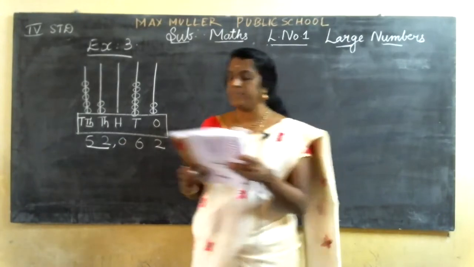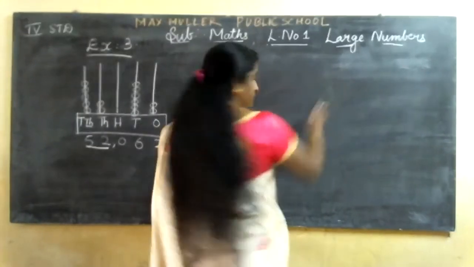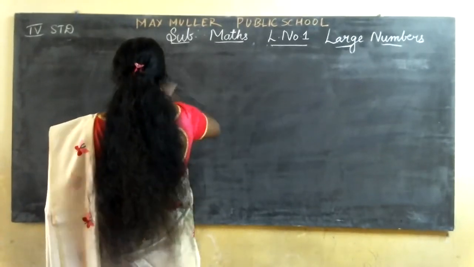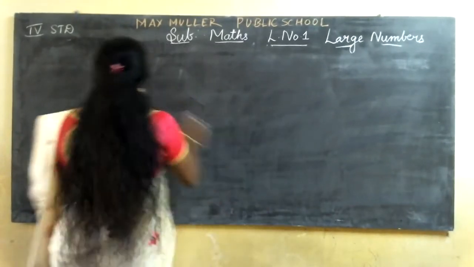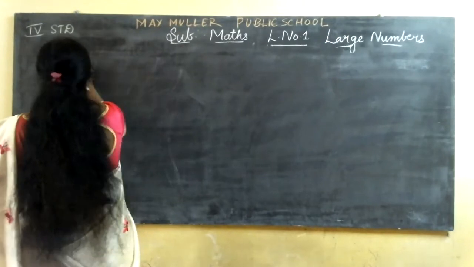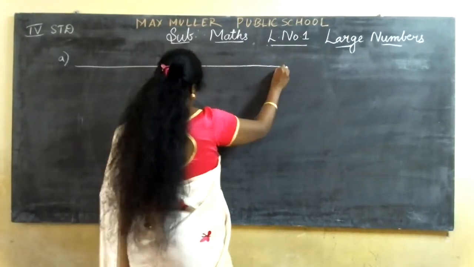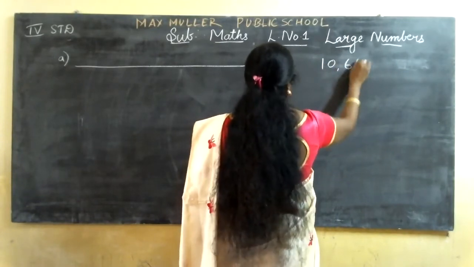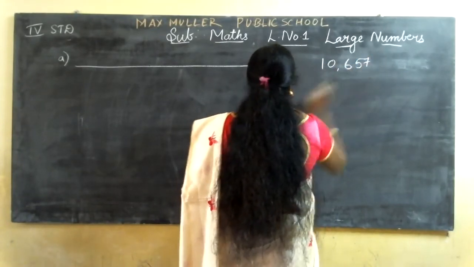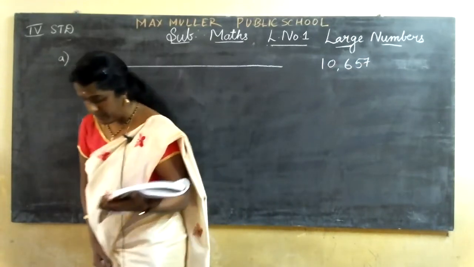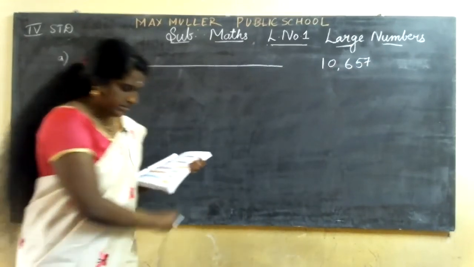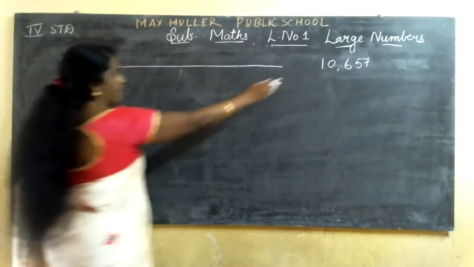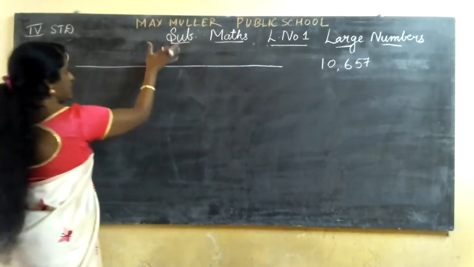So first one, here see number names, it is there, no, children? See, first one, A. Here a dash is there. Here 10,657. So what you should do? This is numbers. This is number names.